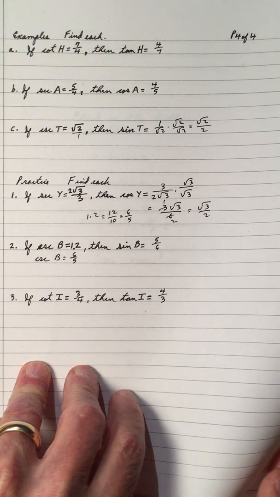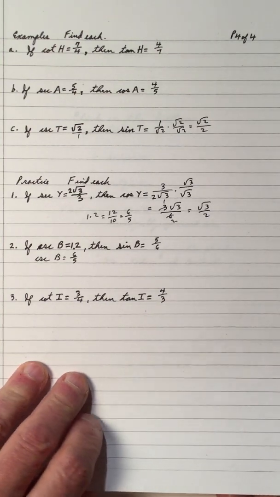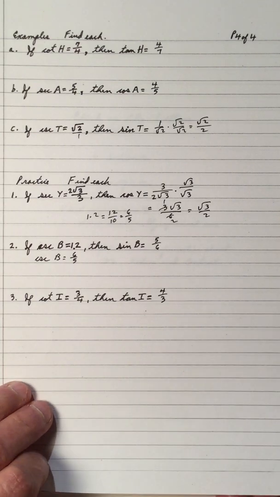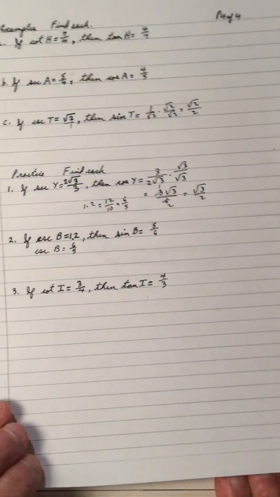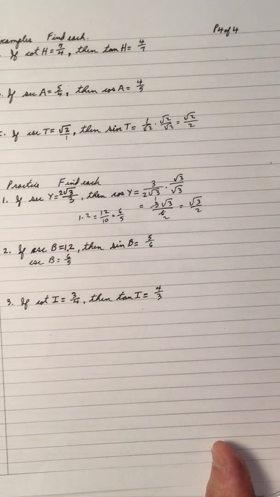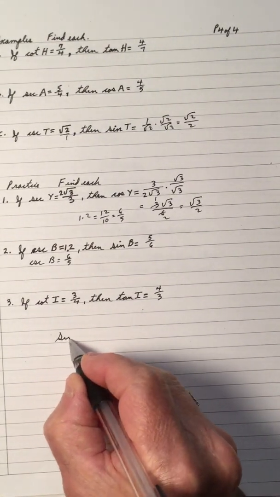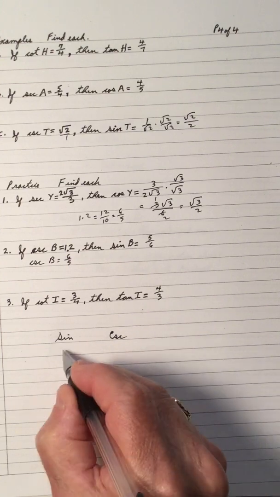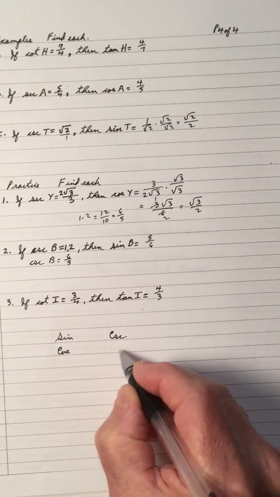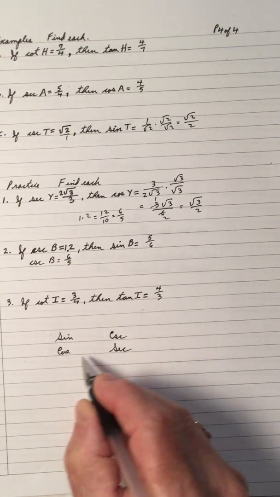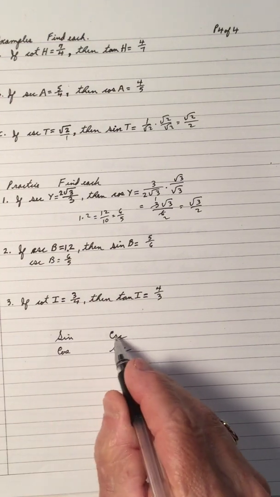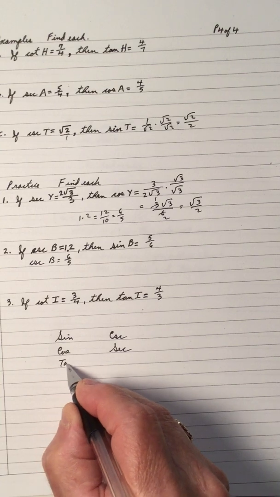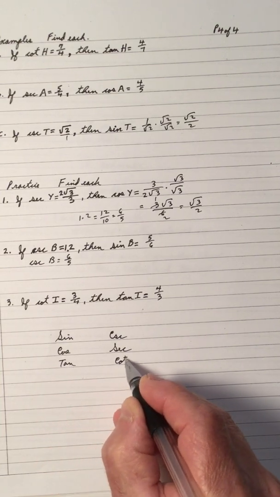So that's a little bit of practice explaining the reciprocal ratios in terms of the primary ratios. And just to review, if I say sine, the reciprocal is cosecant. If I say cos, the reciprocal is secant. Notice the S and the C, the C and the S. And if you've got tan, the reciprocal is cot.